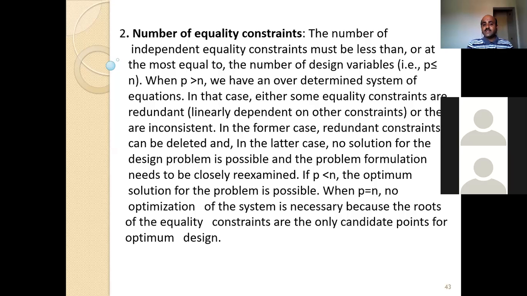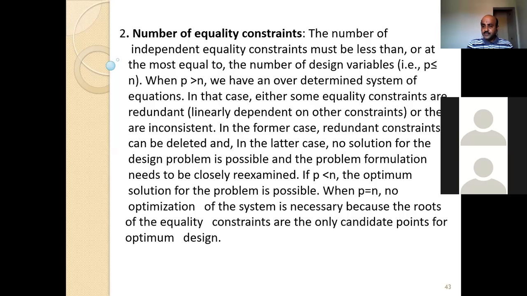The number of equality constraints. The number of independent equality constraints must be less than or at most equal to the number of design variables. This is the main restriction here, and it is very, very important while you are formulating the design optimization.